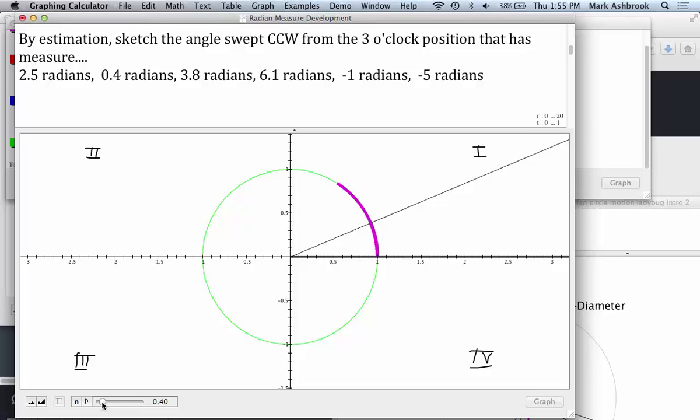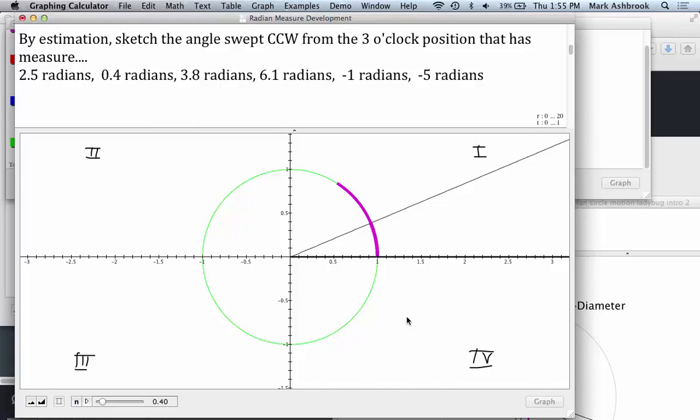Because? The rays subtend the 0.4 radius. That's right. Exactly. 40% of a radius, or 0.4 of a radius, is subtended by the rays.